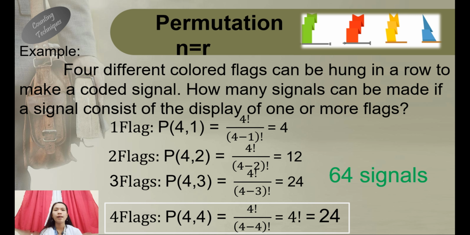So, we have 4 factorial over the quantity 4 minus 4 factorial, which is equal to 4 factorial, equivalent to 24.